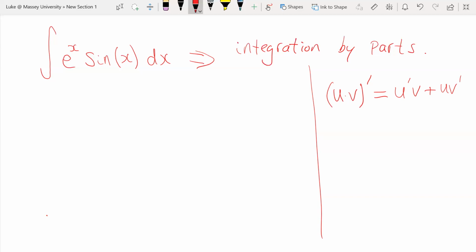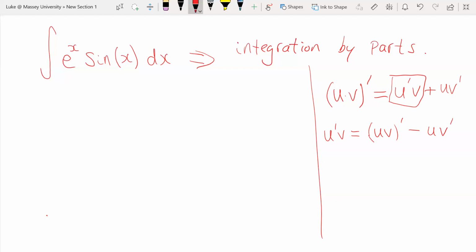Okay, and what I'm going to do now is rearrange this equation for this term here. So now I've rearranged for that term in the middle.